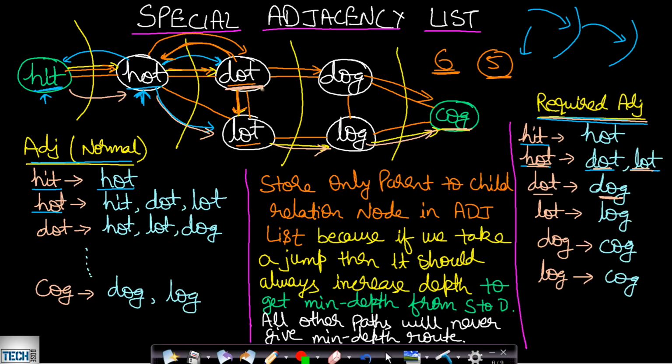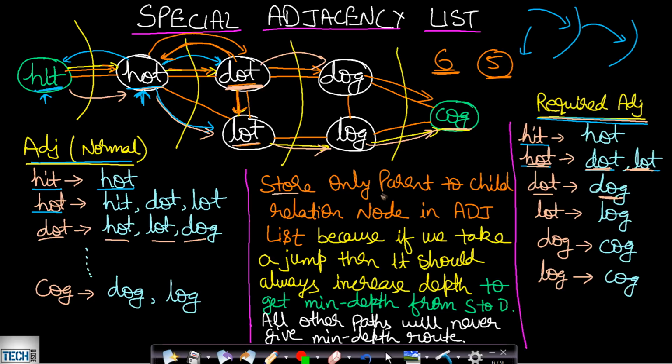You can see that for dot, we are just having dog and not lot and hot. But in the normal case for dot, we would be having hot, lot and dog, because those would be correct for any adjacency list. But in this case, we are making a special adjacency list, which will only be maintaining the relationship between the current node as parent and the nodes which are adjacent to it as its children. Okay, so this is what we want.